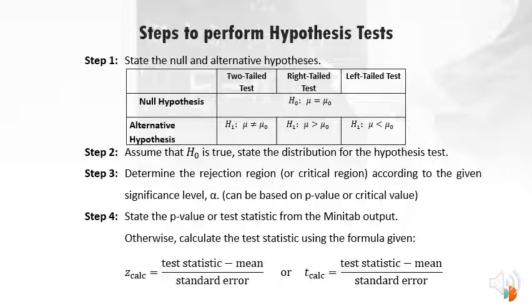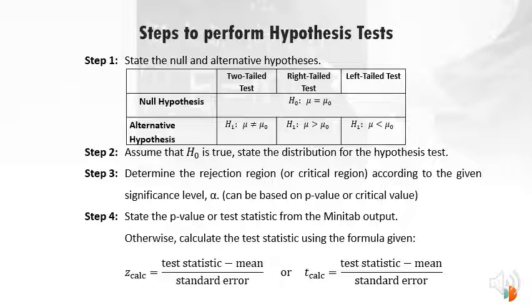Step 3. Determine the rejection region, also known as the critical region, according to the given significance level alpha. The alpha can be based on the p-value or the critical value. Step 4. State the p-value or test statistic from the Minitab output. Otherwise, calculate the test statistic using the formula given.